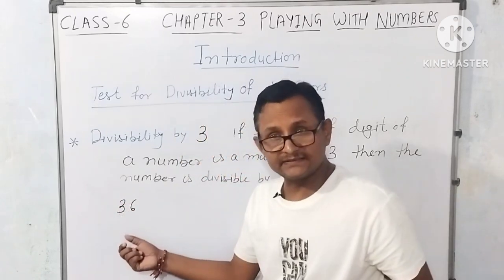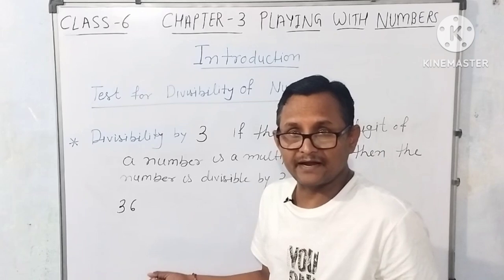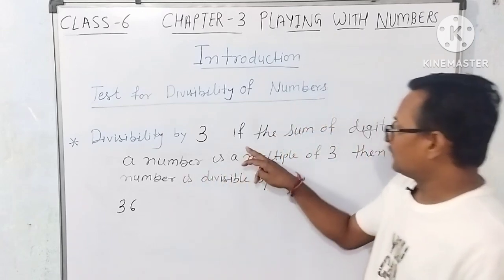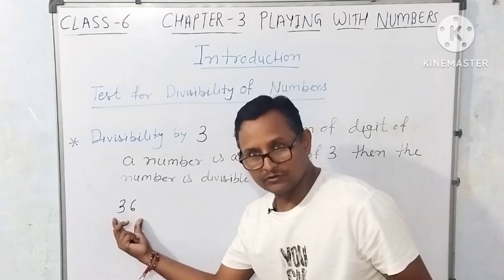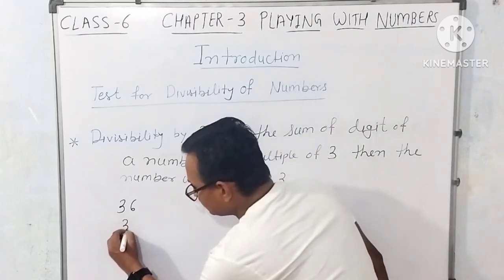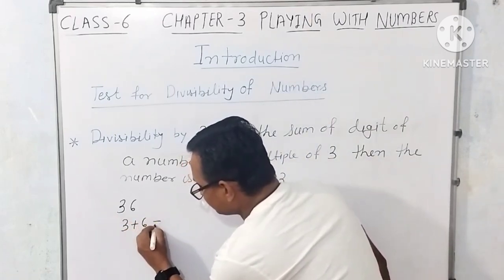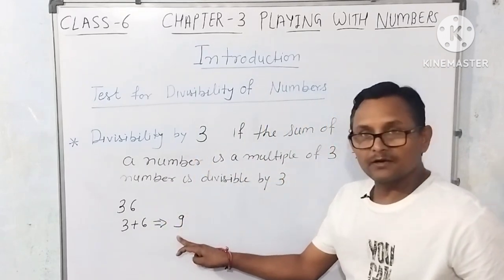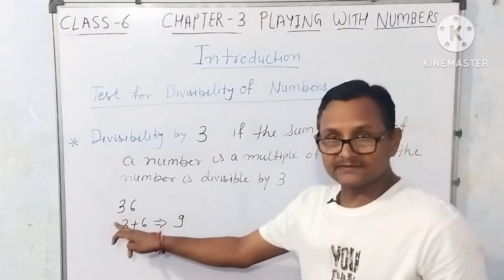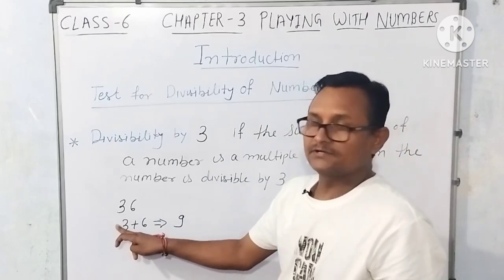Now friends, is 36 divisible by 3 or not? How can we identify? Here the definition is given, sum of digits. We have to add the 2 digits, 3 plus 6, which is equal to 9. So it is a multiple of 3, so we can say 36 is divisible by 3.